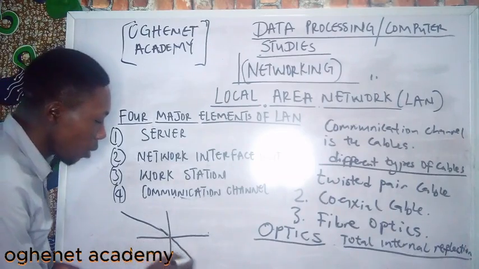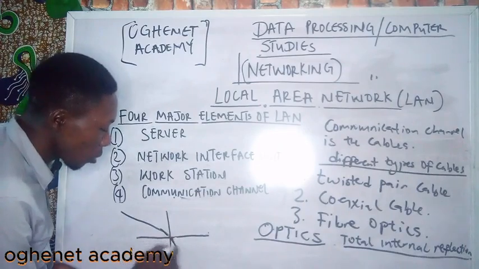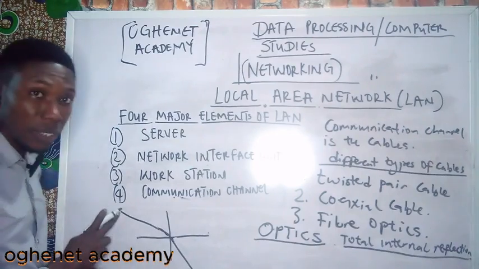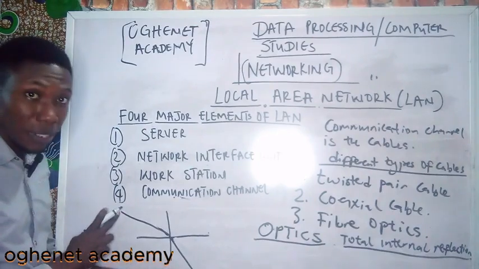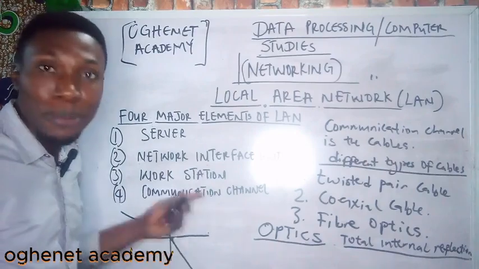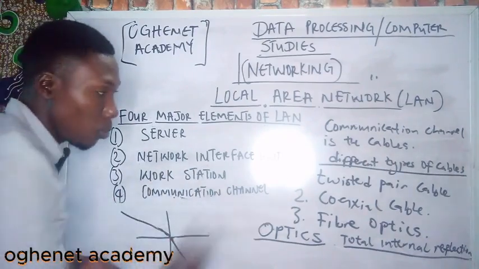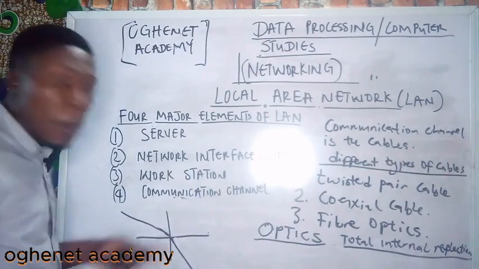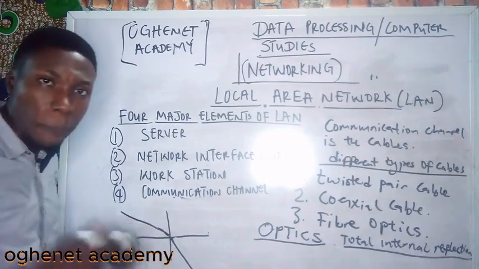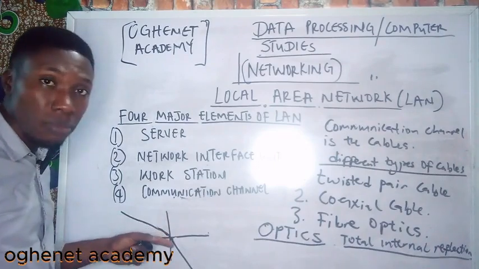It is refracted like this. Okay, it's refracted like this. So you have what is called the incident ray and its refracted ray. So I'm kind of teaching physics here, in computer studies and ICT, but this is just to show what is actually going on when it comes to fiber optics cable. All right, so this is actually refraction. This is what is happening when light goes into a particular medium, okay.